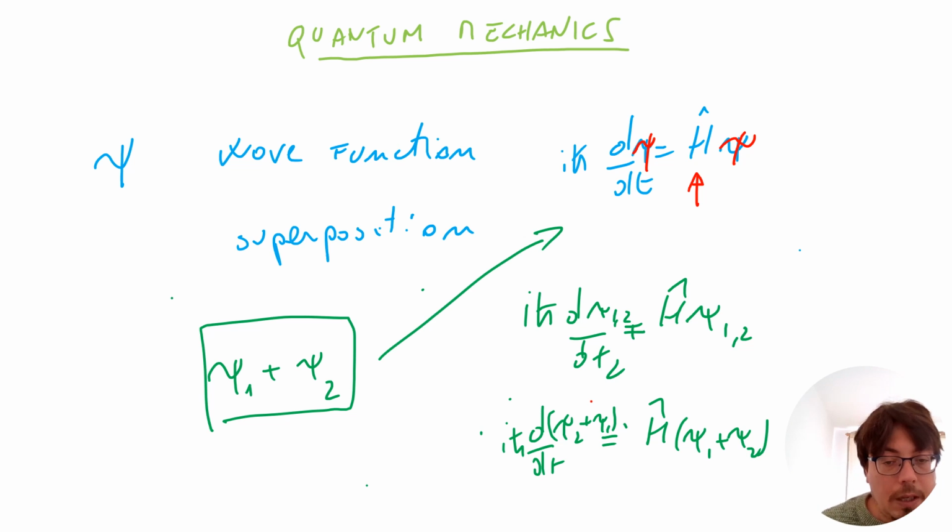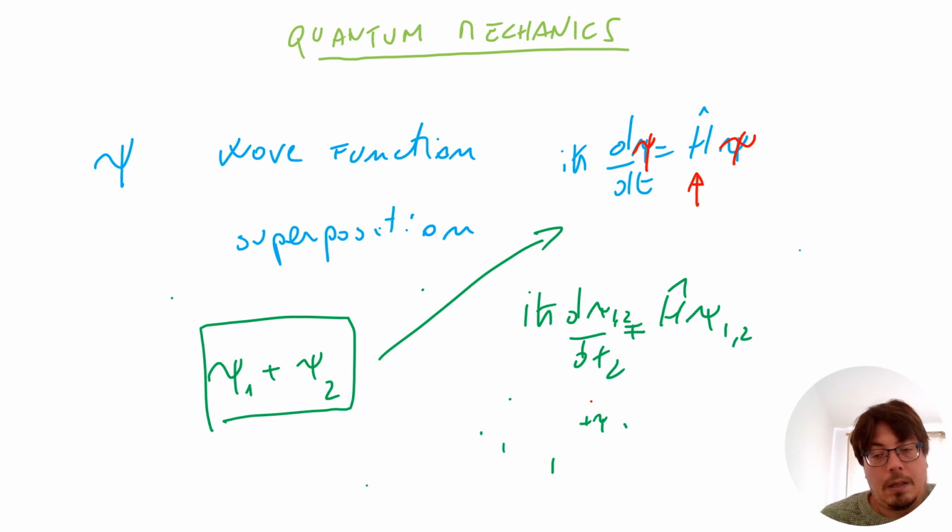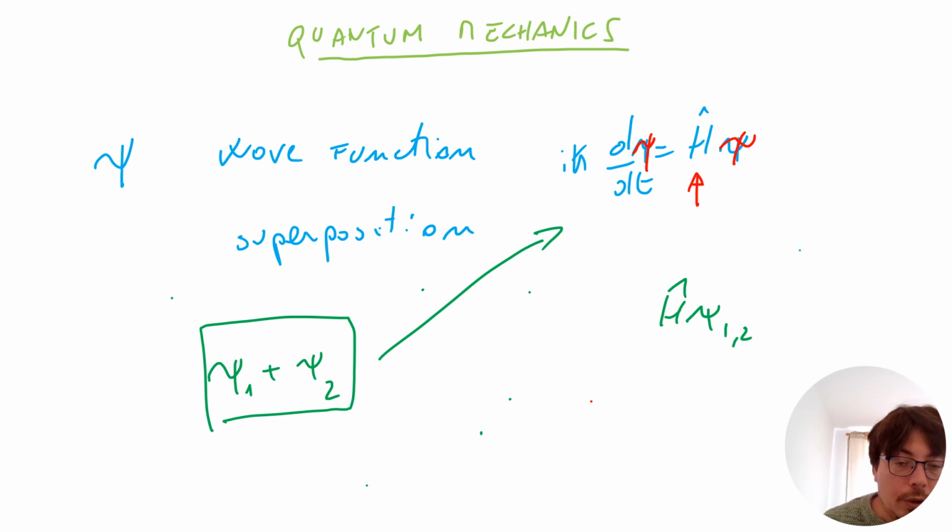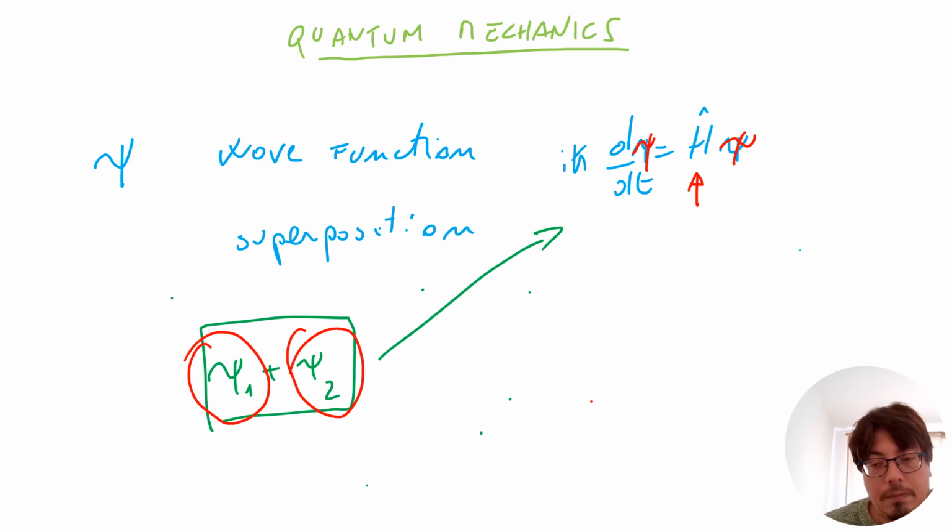But if you think about it, this is quite weird, because the sum of two solutions, in some sense, implies that you have two possibilities happening at the same time. You have one configuration of your system and another configuration of your system, some setting of a parameter of your system, the energy, the velocity, anything.